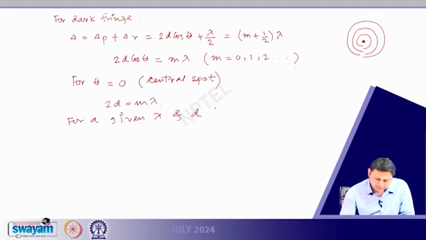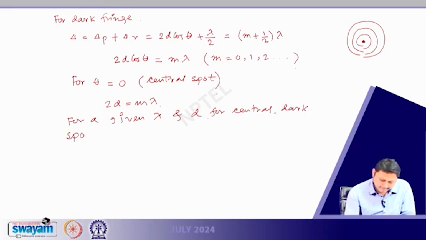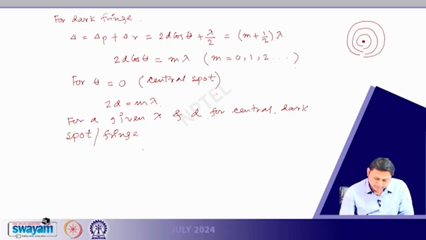So, for the central dark spot, or fringe, I write m max because this is a very high number, which will be 2d divided by lambda.